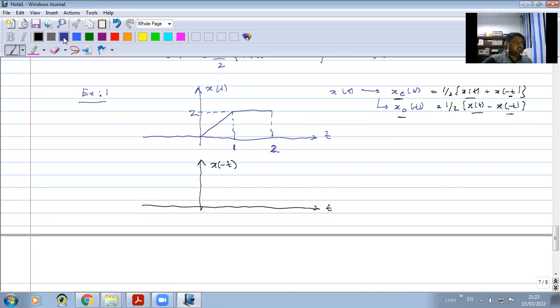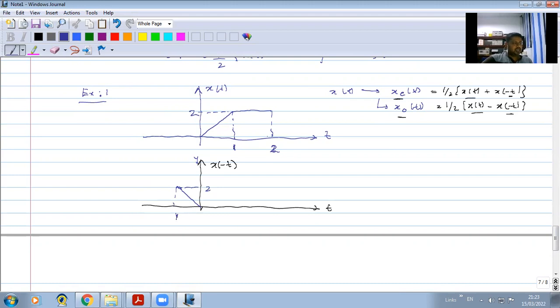If I draw x(-t) here, you know that it is the mirror image of this signal across the y-axis. So you can see that this is 0 to 1, 2. You will get it like this, 0 to 1, so this will be 2 and this will be 1.